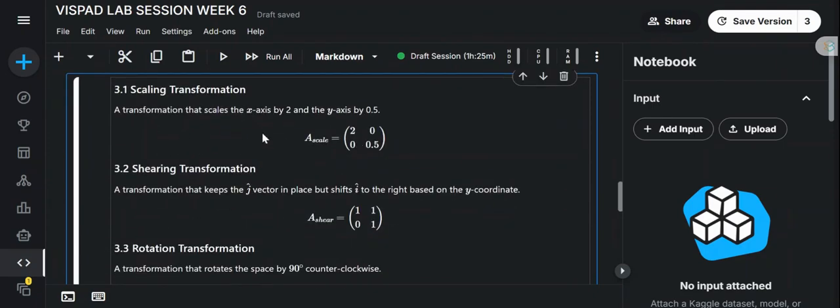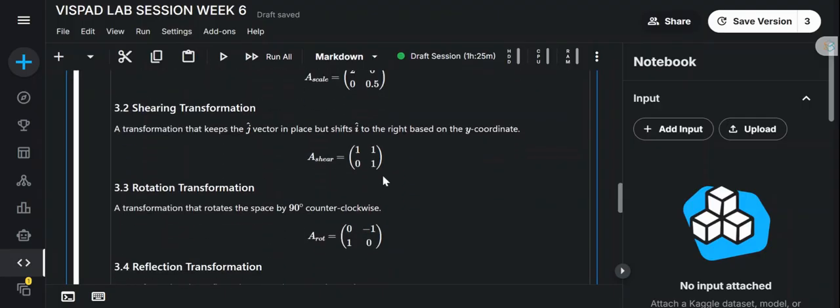So one, two or more of these geometric transformations can be combined. For example, you want to apply both shearing and rotation. You just have to combine the two matrices, or combine them by addition.